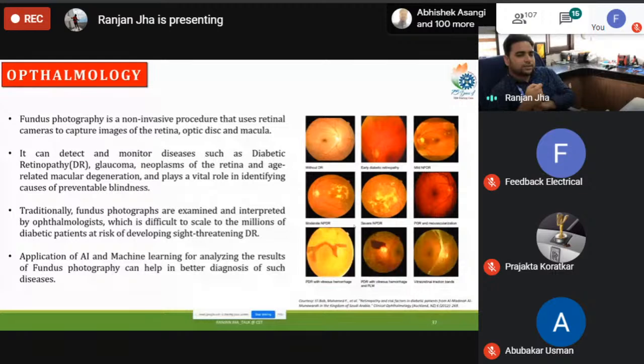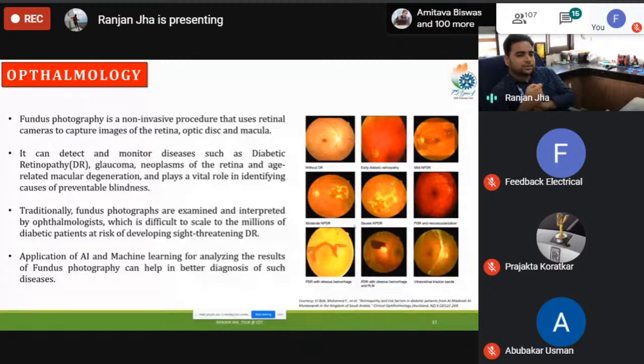For diabetic people, the retina deteriorates very fast, and it's very important to know at which stage it is. For a doctor to take images again and again to analyze is a very difficult and time-consuming job.